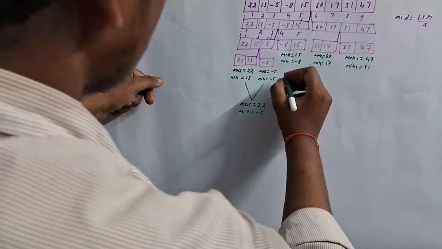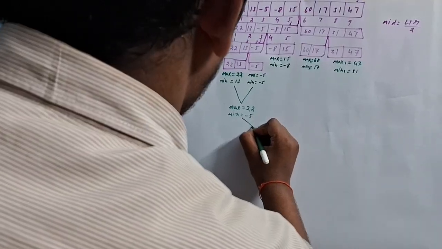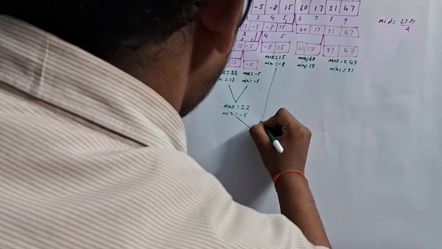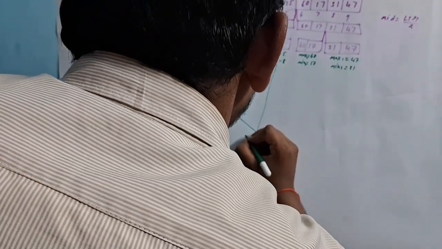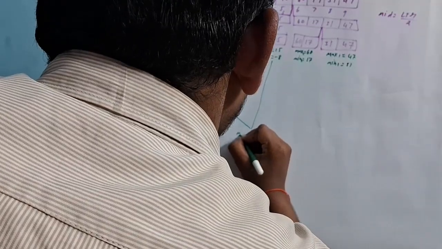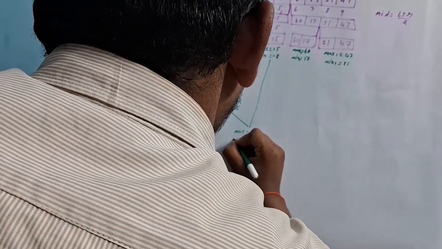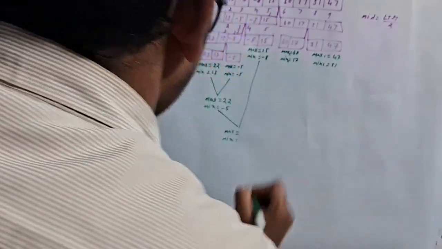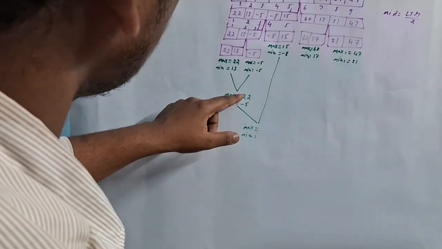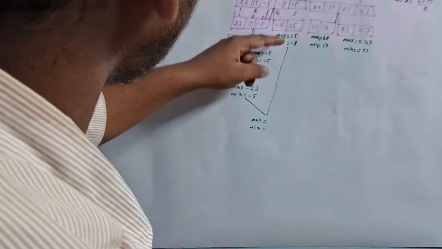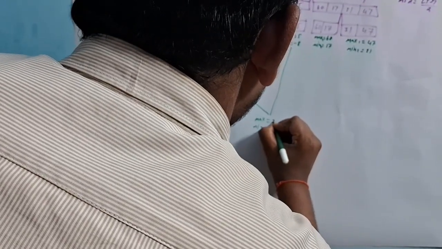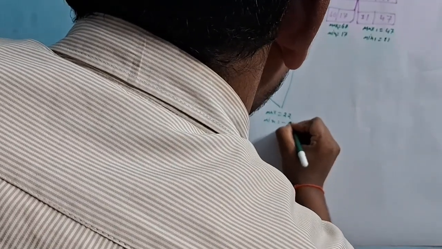Now we have to combine these two values. Max is 22 and minimum is -8, so 22 and -8.